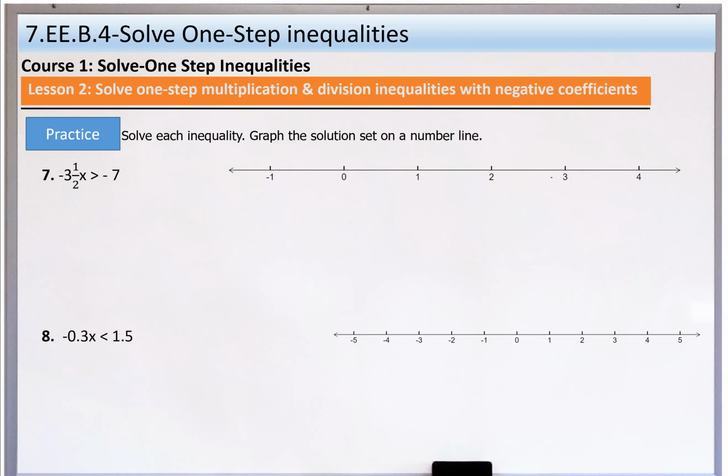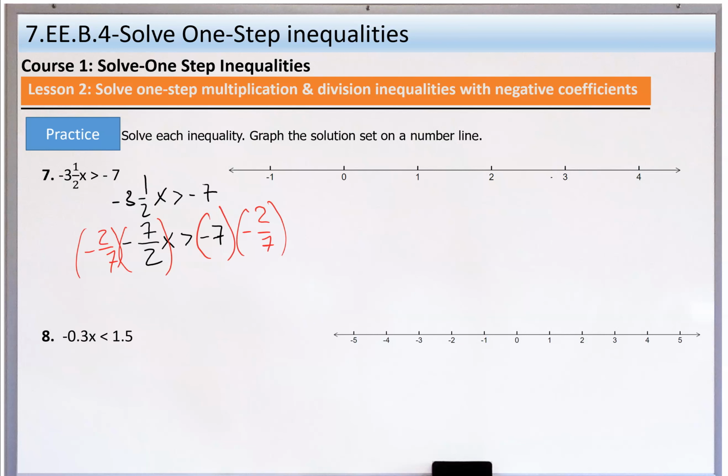All right. We only have 2 more left. Let's finish this up. Sorry for going over, guys. So we have negative 3.5 times some number x is greater than negative 7. So I'm going to convert my mixed number to an improper fraction because I like multiplying by reciprocals as opposed to dividing by fractions.